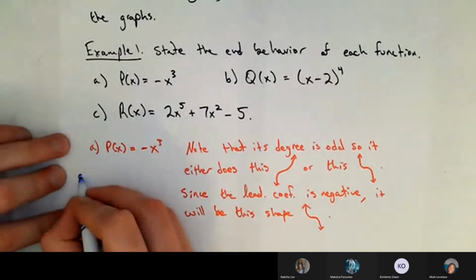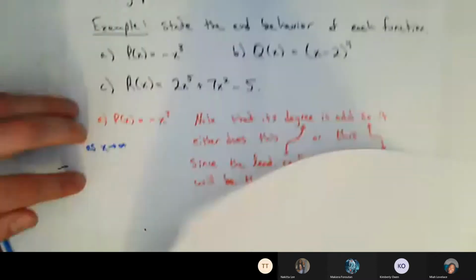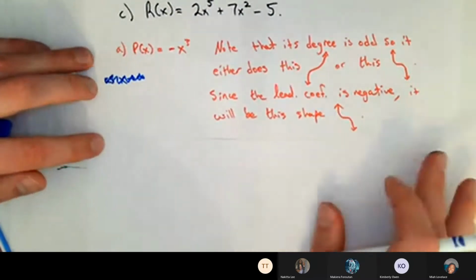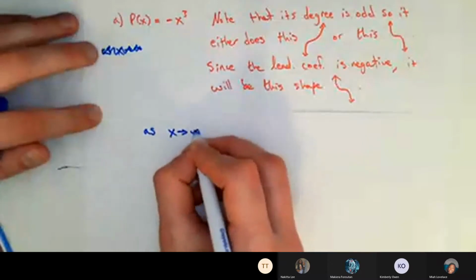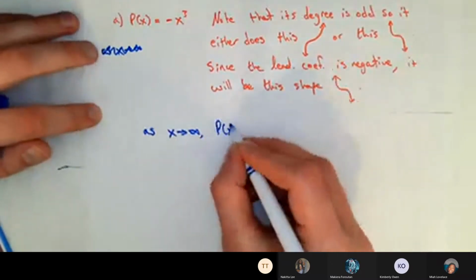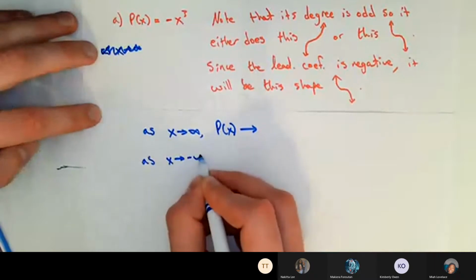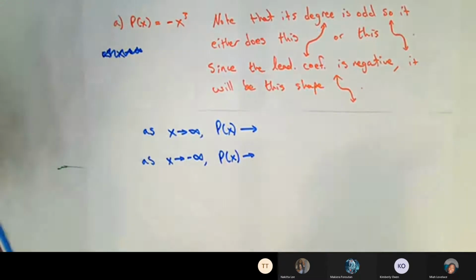So you start off with as x tends to infinity. You know what, I want to get it on a fresh piece of paper, get a little bit more room here. So for p of x, as x tends to infinity, p of x, and then we have to decide what that's doing, and then as x tends to negative infinity, p of x tends to blank, right?